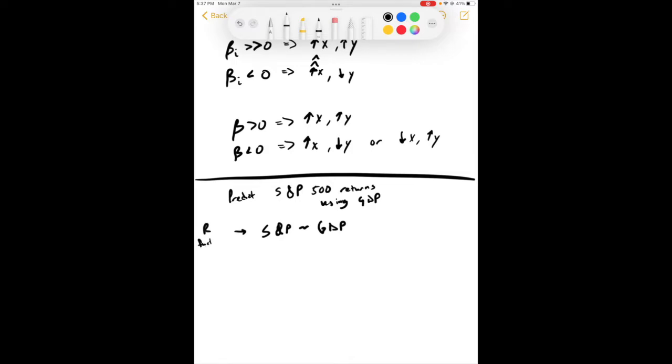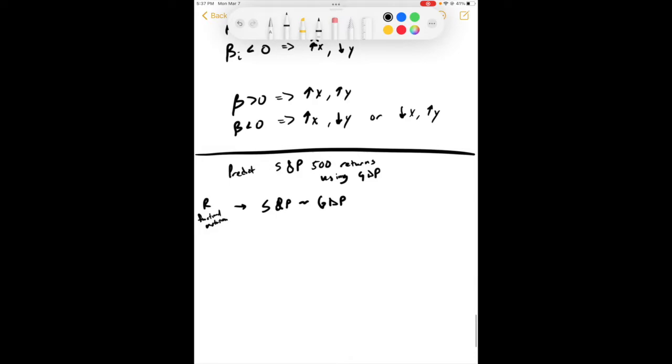This is like the R functional notation, if you guys are familiar in programming with R. So S&P is related to GDP. Now S&P is our Y value, and it is on the order of like 0.01, something like that, very small, whereas our X variable here is on the order of trillions.